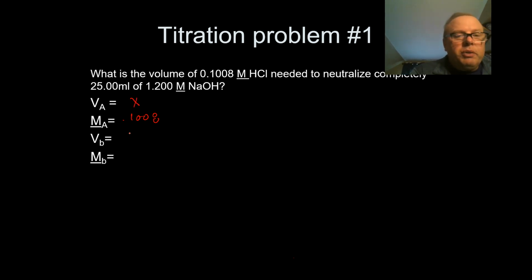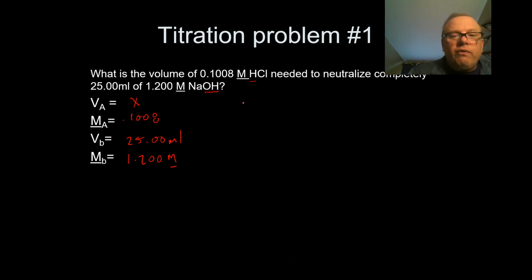To neutralize completely 25.00 milliliters, so that's the volume of my base, and it's 1.200 molarity. And it's only a single hydroxide on here, and there's only a single hydrogen here, so we don't need to worry about multiplying or dividing any numbers.